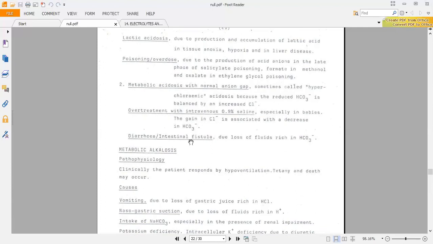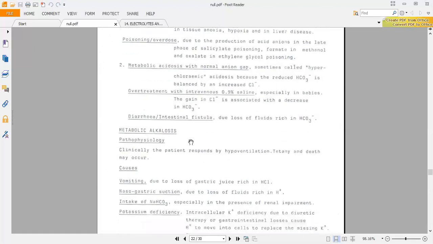So if you are losing fluid from the intestine in the form of diarrhea, you are mainly losing bicarbonates. If you are vomiting, you are losing H plus ions. So someone with diarrhea will lose a lot of HCO3 bicarbonates, and that will cause the person to have metabolic acidosis.